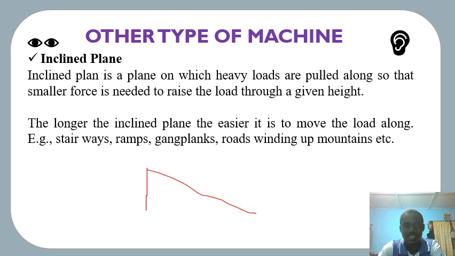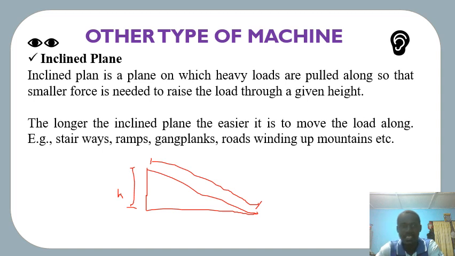It is something like this, and we have this edge acting as the inclined plane, and this edge from here to here is referred to as the height of it. Then from this side stretching down to the edge is what is referred to as the length of it.